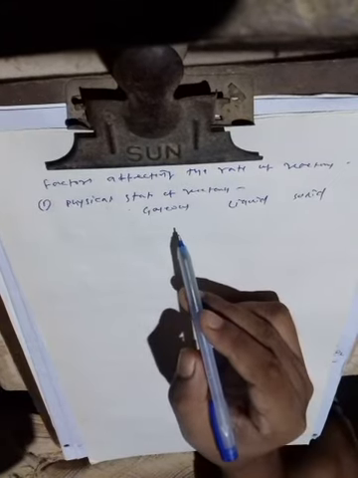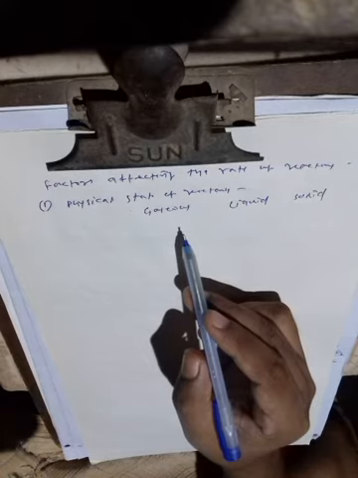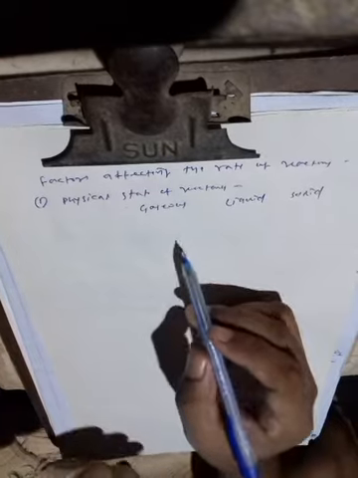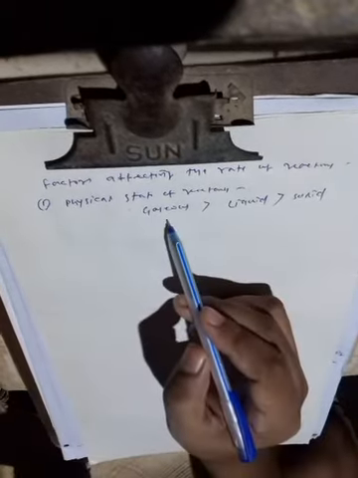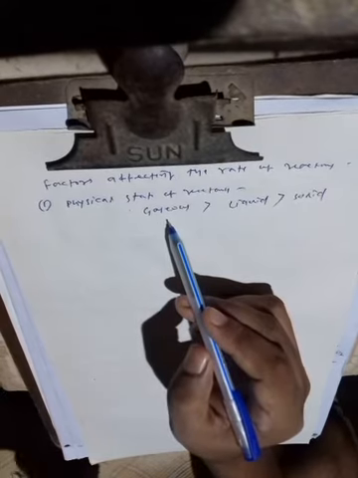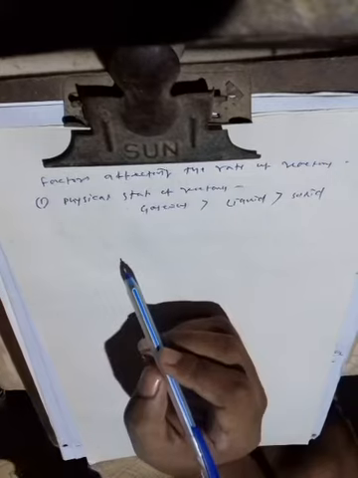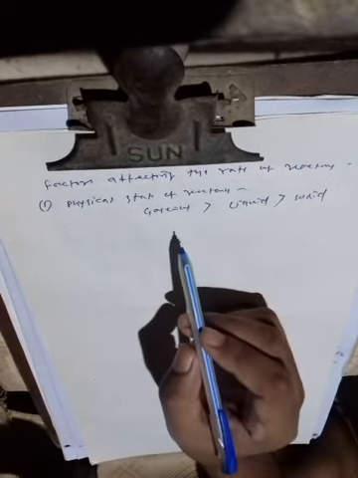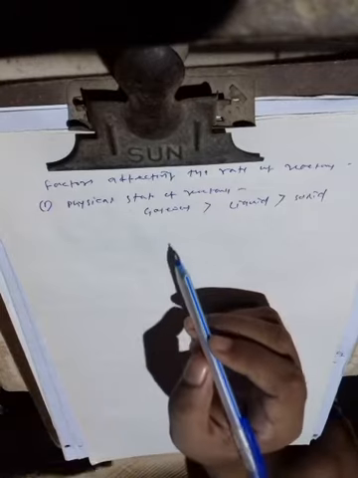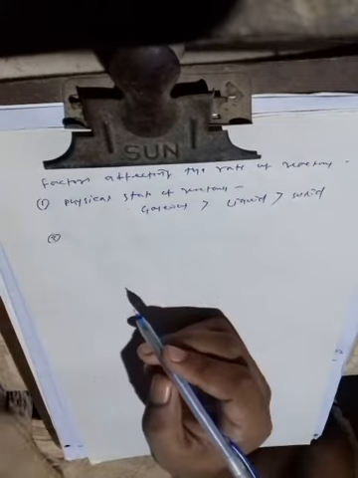So the decreasing order of rate of a reaction when the reactants are present in different states is this: gaseous reactants show a higher rate as compared to liquid and solid. Okay, so this is the factor. Physical state in this way affects the rate of reaction.